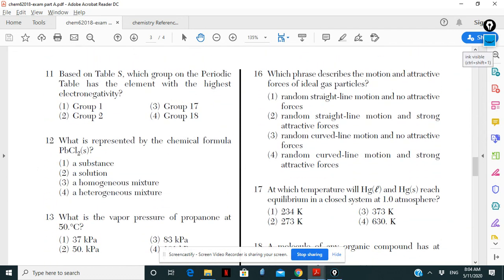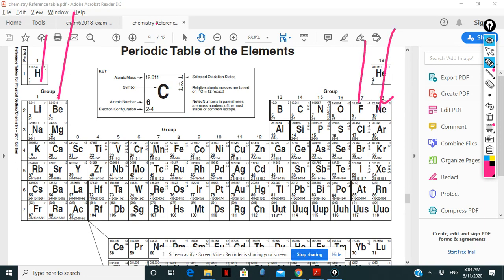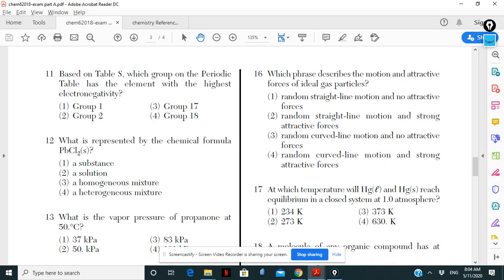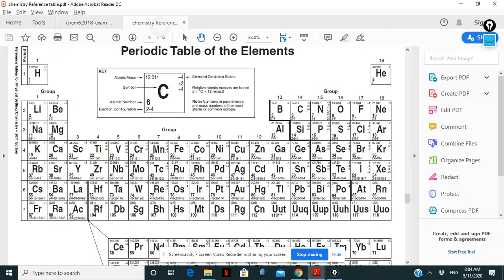Question number 11. Now, based on Table S, we have groups 1, 2, 17, 18. He's asking which group has the greatest electronegativity.